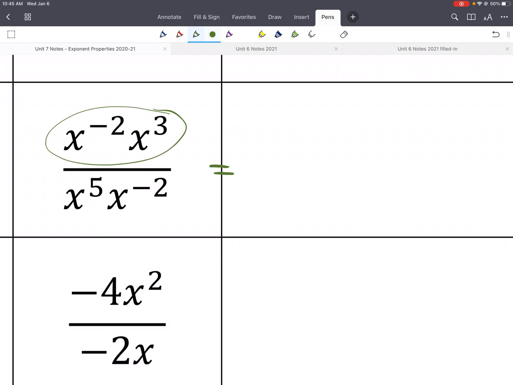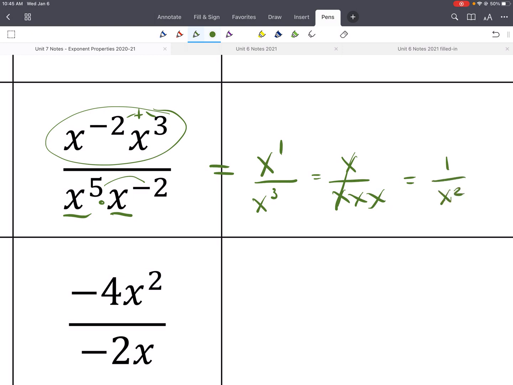Maybe we'll do it that way. So negative 2 plus 3, that gives you x to the 1. And on the bottom would do, since these are like bases and they're being multiplied, we add those. That would give us x to the 3rd. And then if you wanted to expand, you could. So x over x times x times x, and that would leave us with 1 over x squared.